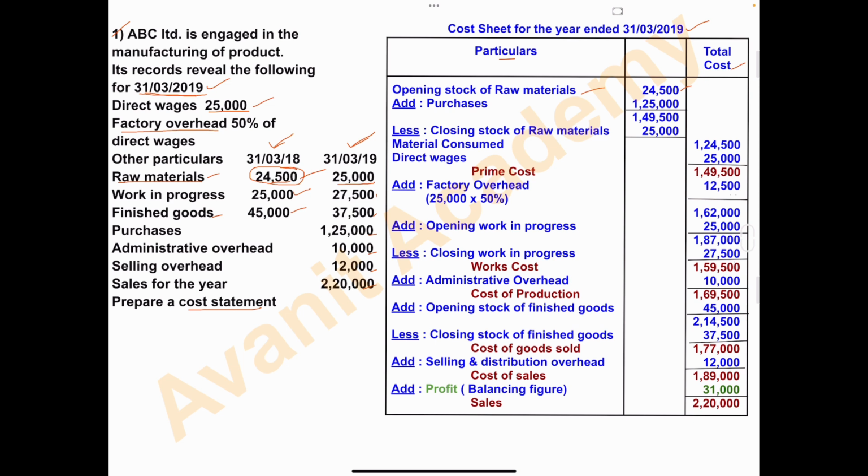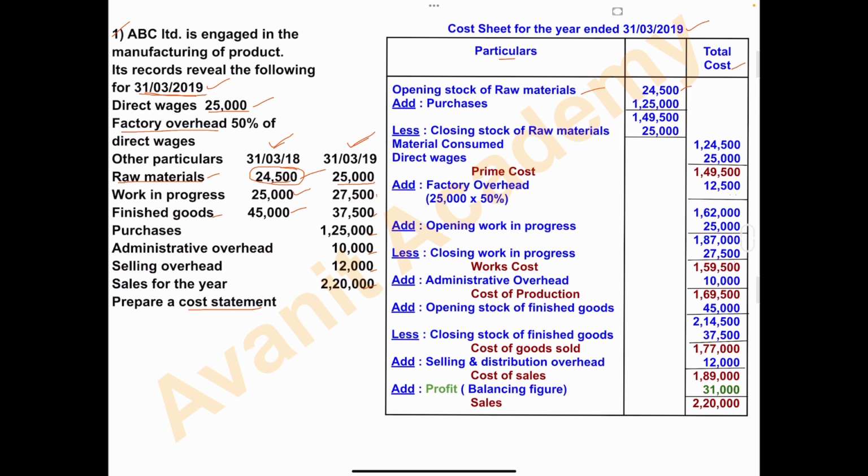To that opening stock of raw material, what do we have to do? We have to add purchases, and any expenses related to purchase of raw material, that is freight, octroi, carriage inward, etc. But in this problem, we have got only purchases, no other expenses.